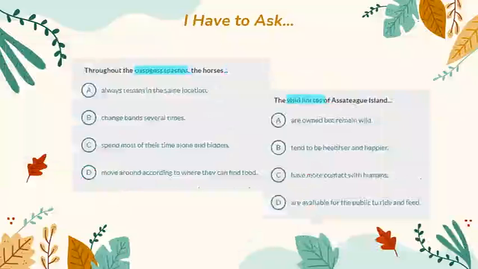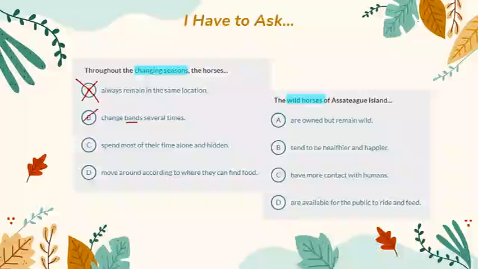Throughout the changing seasons, the horses A, always remain in the same location. Well, I know that's not true because it did talk about how they moved to different areas. B, changed bands several times. Well, the bands are like the family groups that they live in, and it doesn't say that they change bands at all.